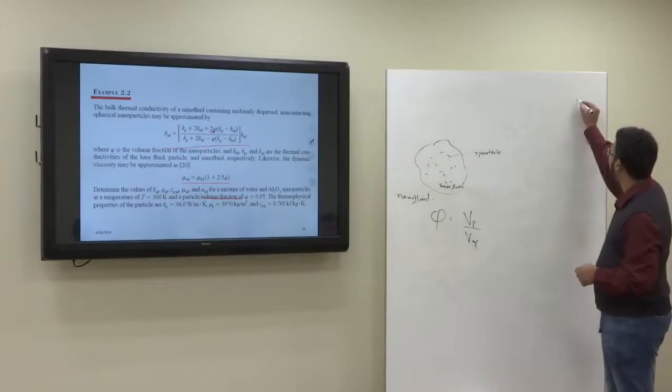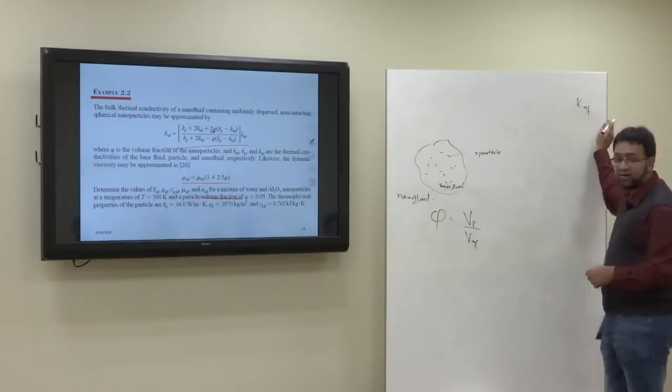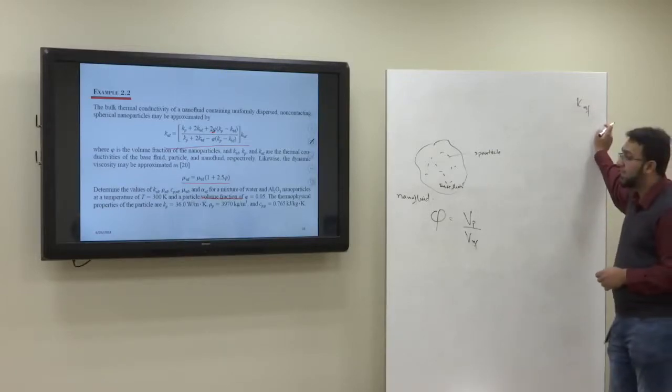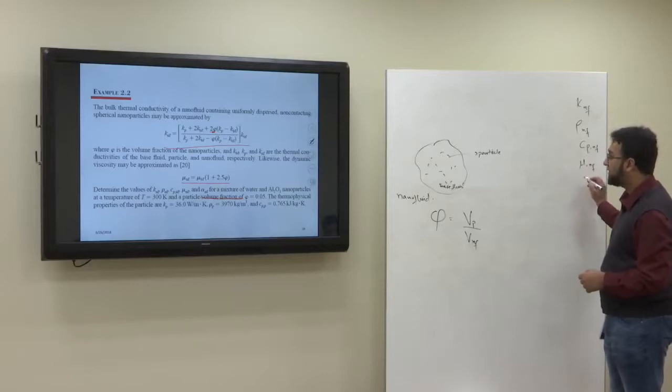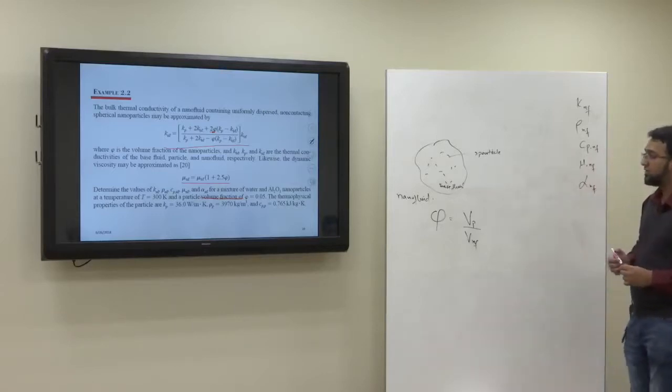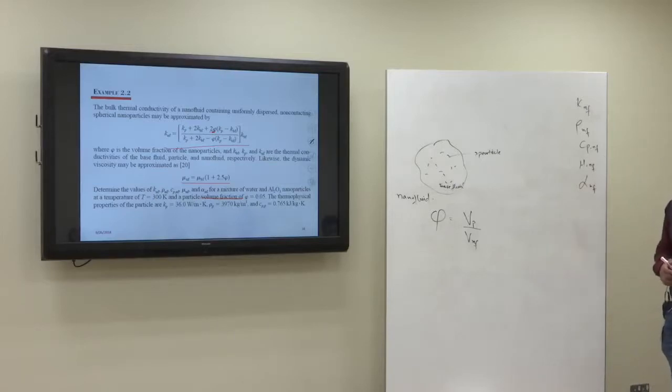We need to find k nf, rho nf, Cp nf, mu nf, and alpha nf for a mixture of water and alumina nanoparticles.